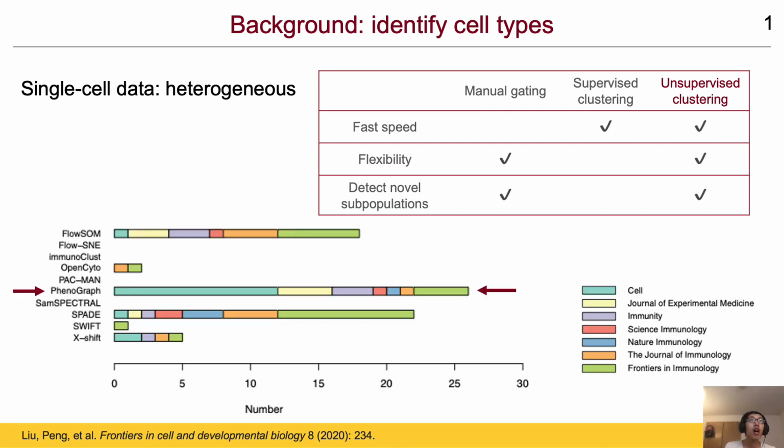And based on the summary about how often they are used, we can see that among all of those very popular unsupervised clustering methods, PhenoGraph is one of the most prevalent ones.